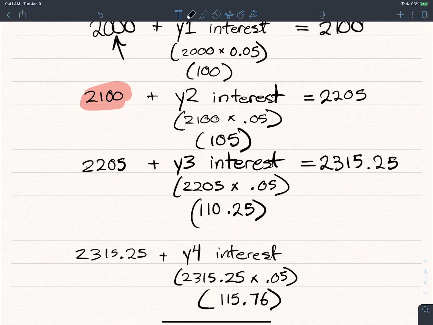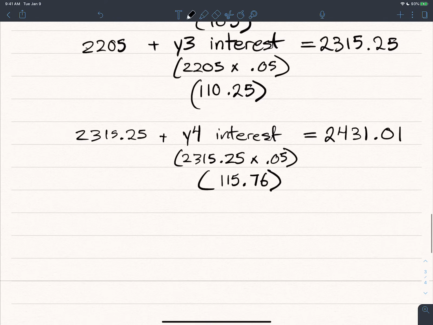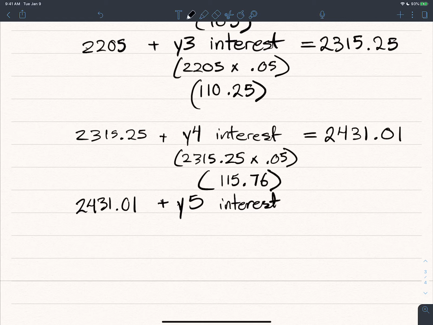So now, after this year, she owes $2,431.01, right? That's what she owes now. $2,431 and 1 cent. And we can do the last year. So now she owes $2,431.01 plus our year five interest.